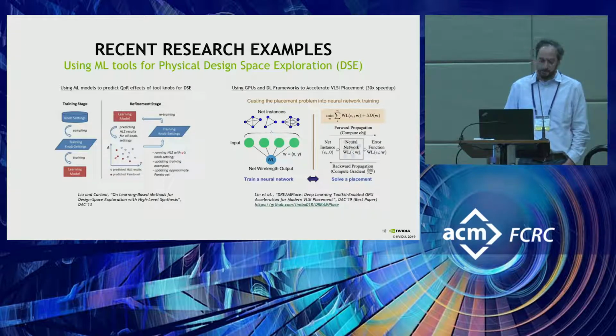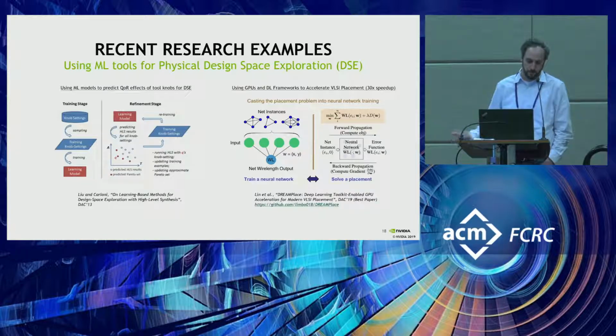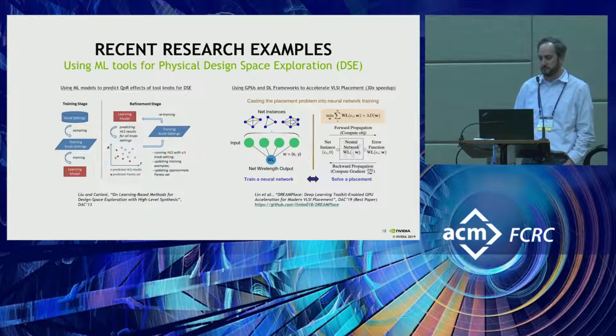Most of the code is actually written in PyTorch. It turns out the stochastic gradient descent you need to do for minimizing wire length in global placement is very similar to the stochastic gradient descent you need to do for optimizing network weights in a trained machine learning model.